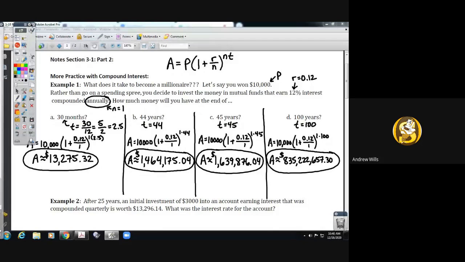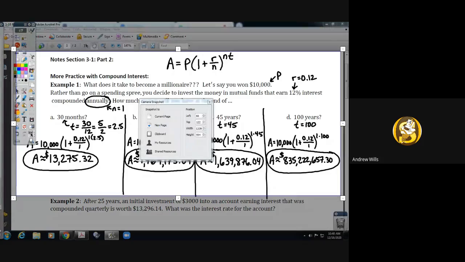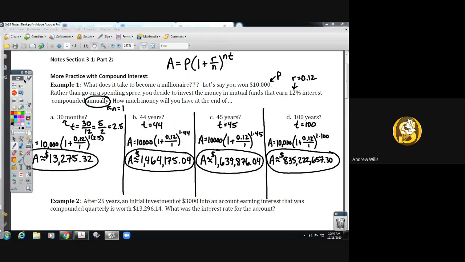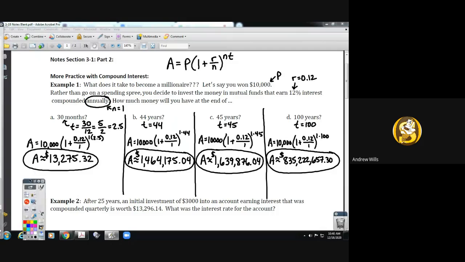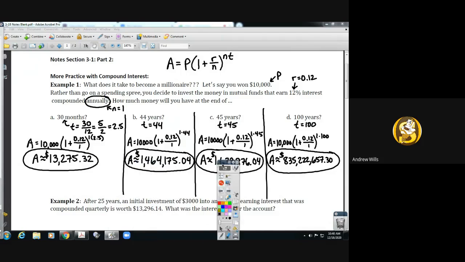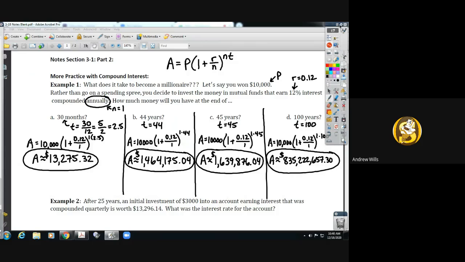Questions on this example while I grab it and move it into the other thing here. Got to get this out of the way, though. It's going to be a challenge, I think. I can attach it to the bottom. Find somewhere to put it where it's not in my way. There we go.